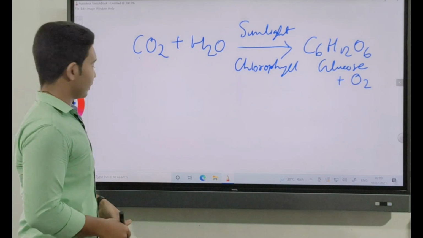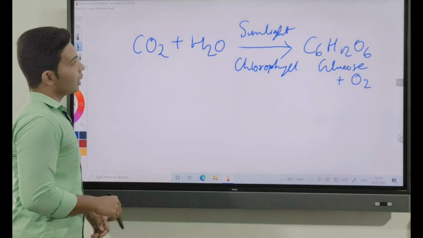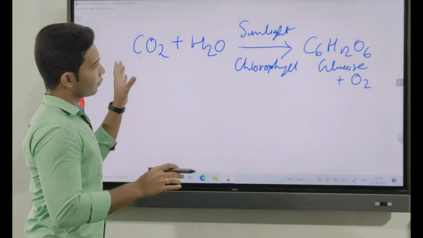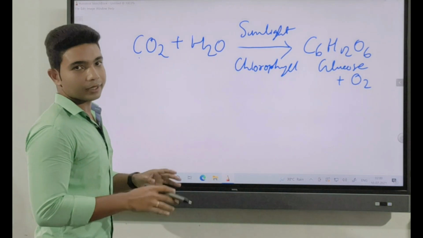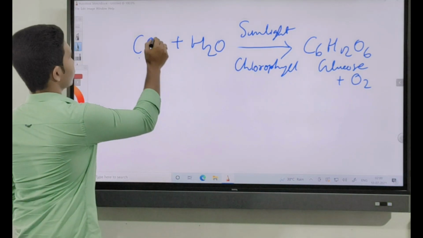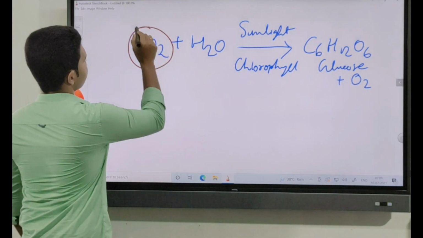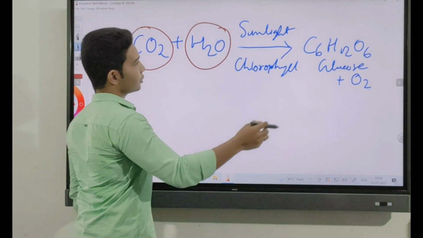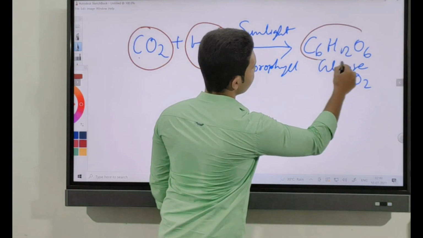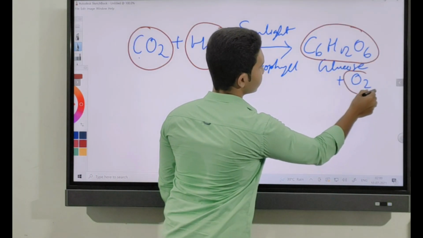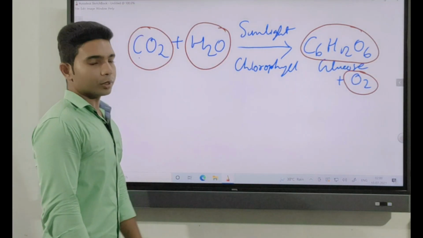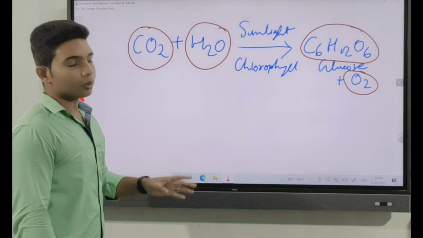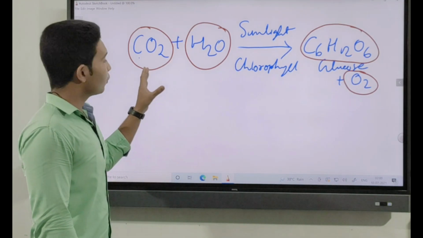With a simple trick. I am going to take these 4 things or 4 groups in individual form. Let's take CO2 and H2O as 2 individual groups, and glucose and oxygen as 2 other individual groups. Now what we need to do is denote them with something.